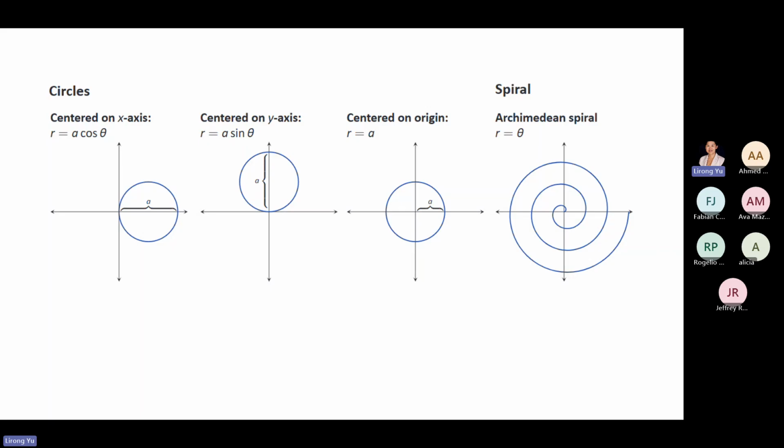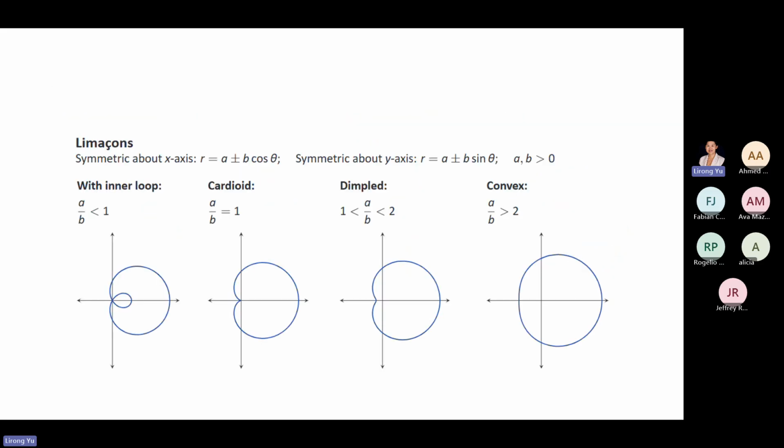So we had here, if you have r equal to a number, it's a circle centered at the origin, but if you have r equal to a number times sine or cosine, you have a circle at the side of the origin. But when we combine them, like r equal to a number plus a number times sine or cosine, what will happen there? What will happen is this. It could be cosine or sine.